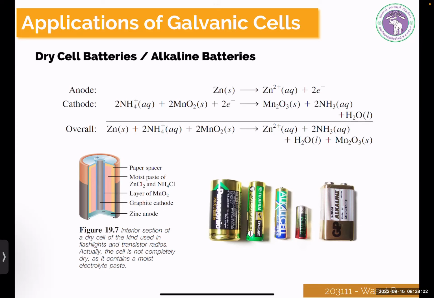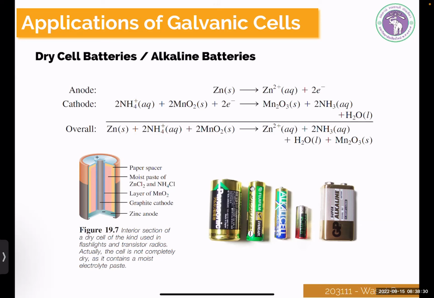On the anode, the reaction is zinc goes to zinc 2 plus. On the cathode side, you have manganese 4 oxide, MnO2, reduced into manganese 3 oxide, and then you also have ammonia as a product.